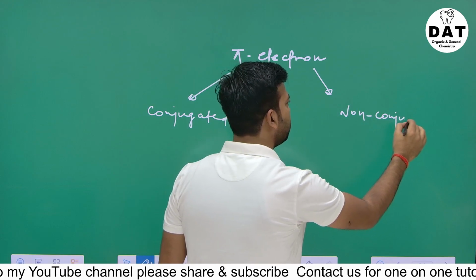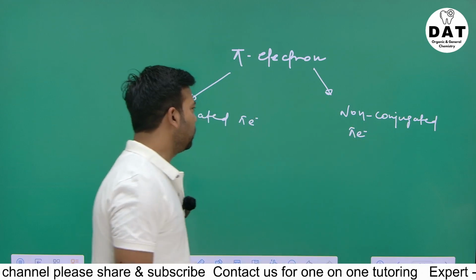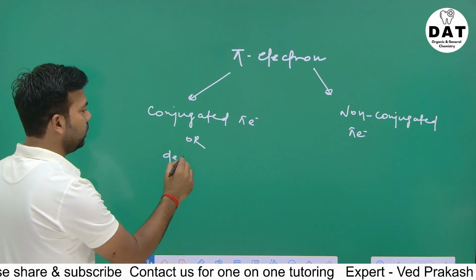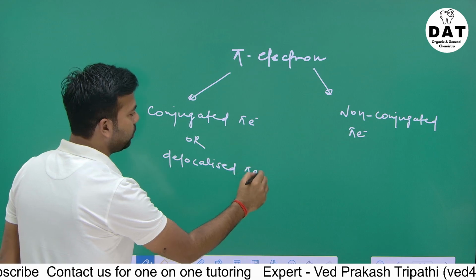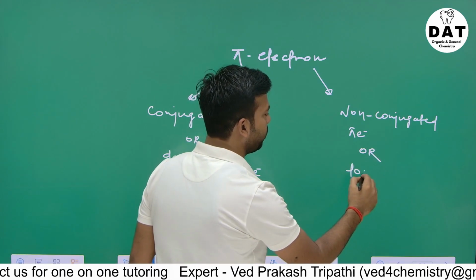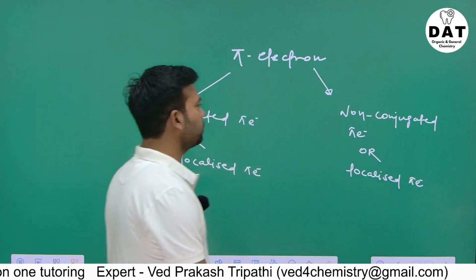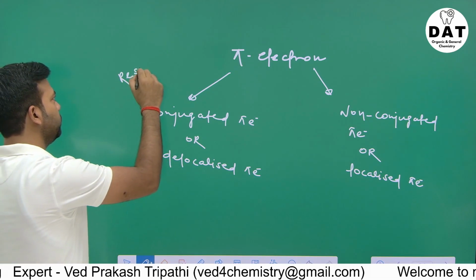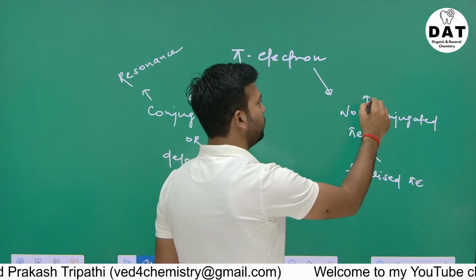The conjugated one is also called delocalized pi electron, and the non-conjugated one is called localized pi electron. Conjugated means in resonance, and non-conjugated means no resonance.